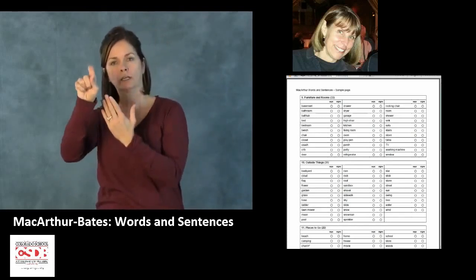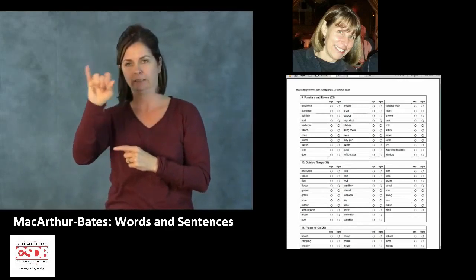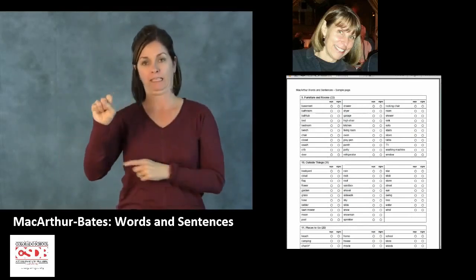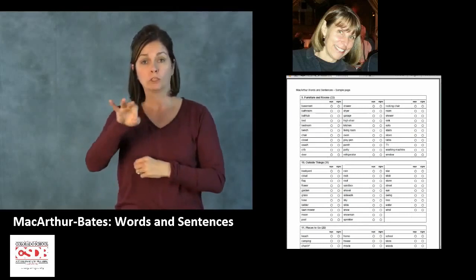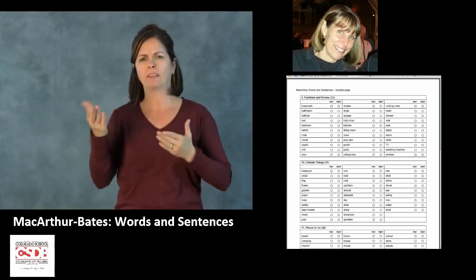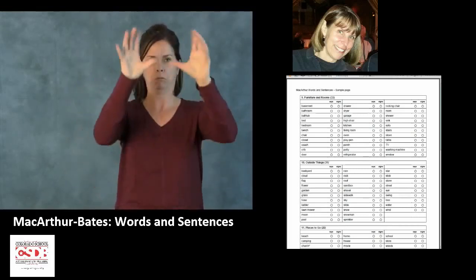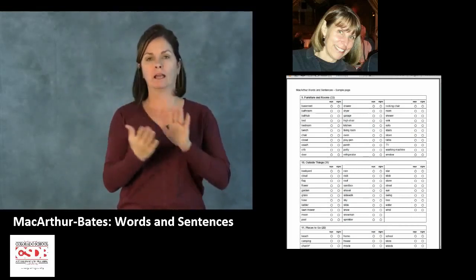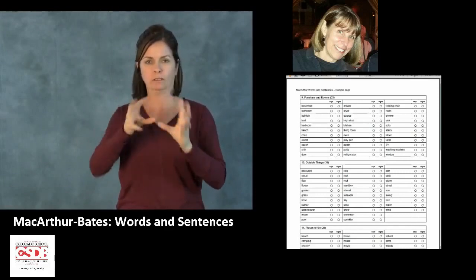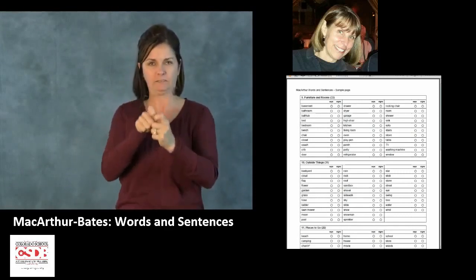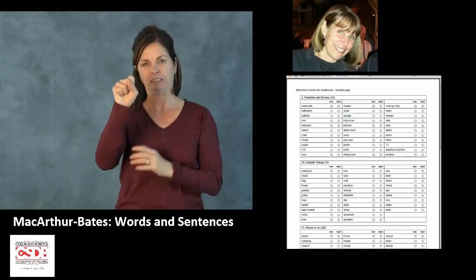As you can see, the words are divided into different semantic categories, with this sample page showing furniture and rooms, and outside things, and then a little bit of the places to go section. So there's a number of pages that include these 680 vocabulary words divided into various semantic categories. And then let's take a look at another page from the instrument.